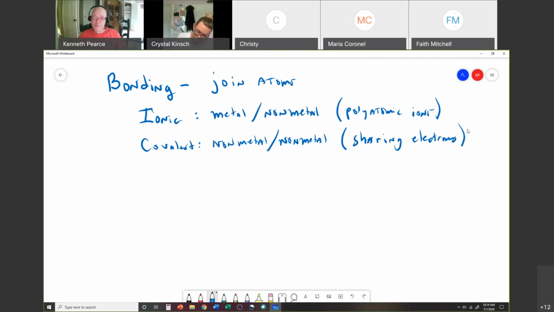There are tons and tons of ionic compounds in this world, but really the more exciting stuff is going to be covalent compounds. Ionic compounds, we generally call them salts. So if you have an ionic compound, generally you call it a salt. Covalent is pretty much everything else.